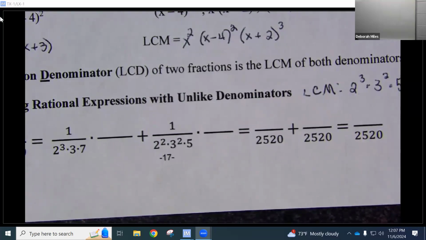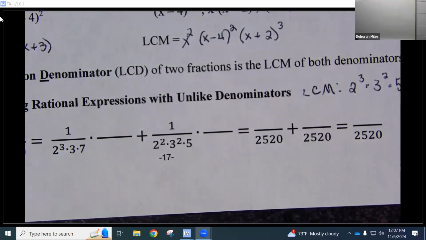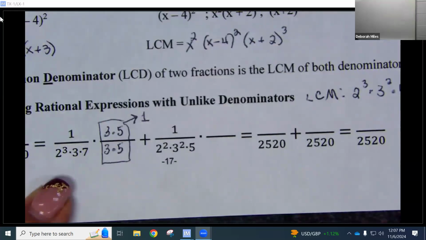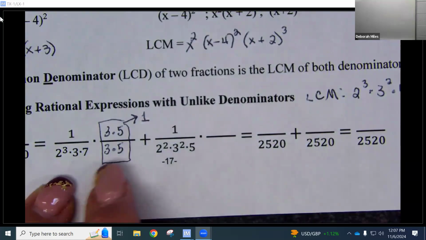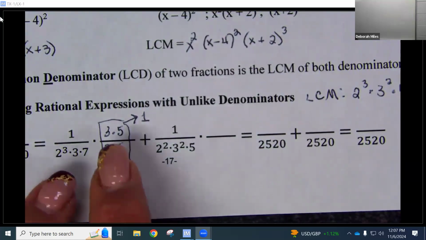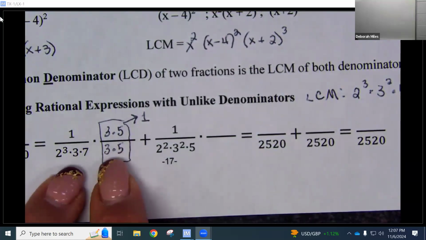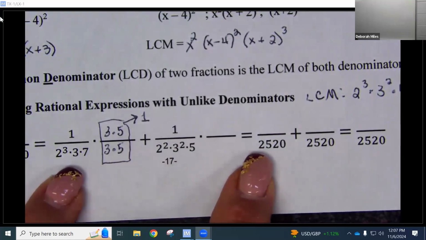Or 9 over 9? Or 15 over 15? If I multiply this fraction by 3 times 5 over 3 times 5, all I'm really multiplying by is 1. But that's what I had to multiply by for that fraction to achieve that common denominator that I had to have.